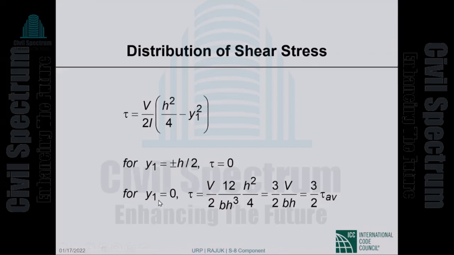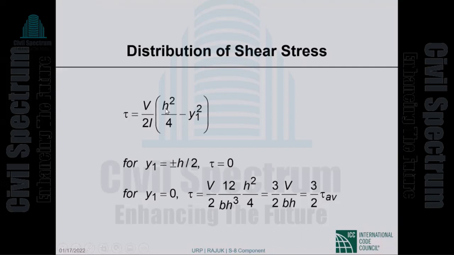At the neutral axis, where y1 is equal to 0, tau is given by this expression, and it comes out to, so tau at the neutral axis is b/2, I is bh cubed by 12, and h squared by 4, y1 is 0. Are you with me? So b/2 remains. I is bh cubed by 12.